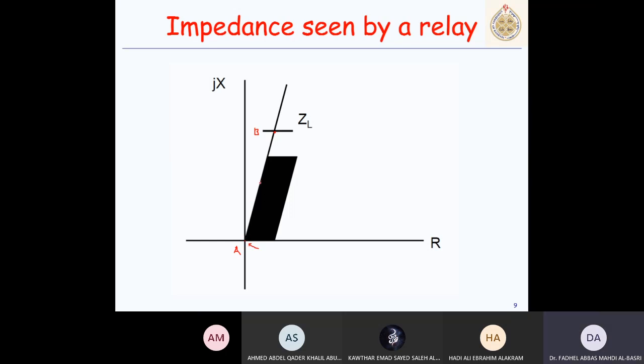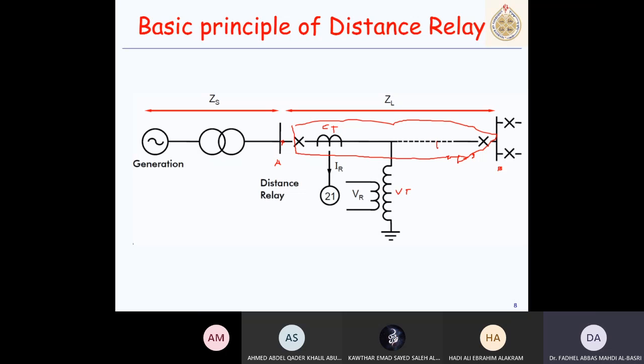Now to measure this impedance, if the fault is at the middle, it will measure half of the impedance. But because of a resistance here, I might have a fault with a resistance RF. The fault impedance can drift from the line impedance.